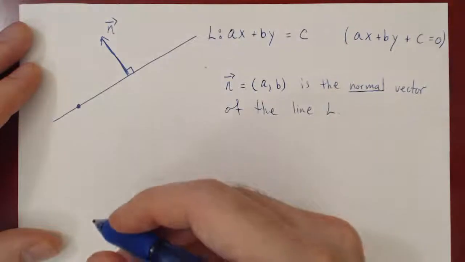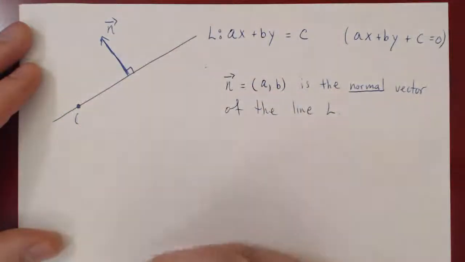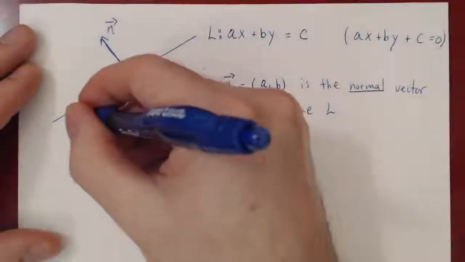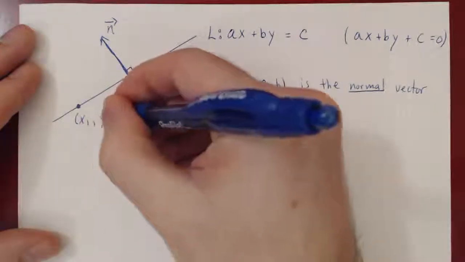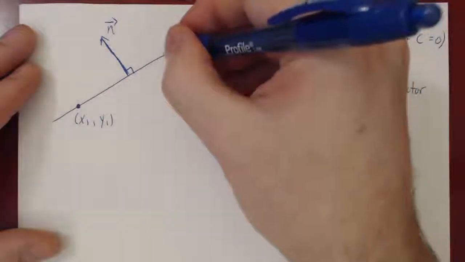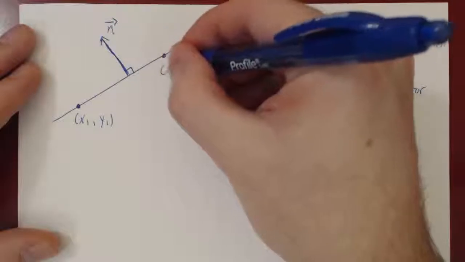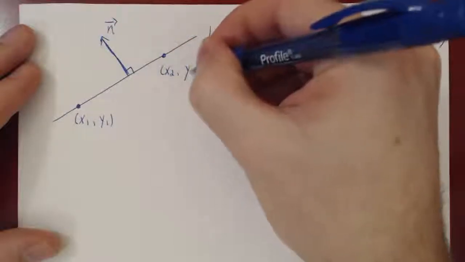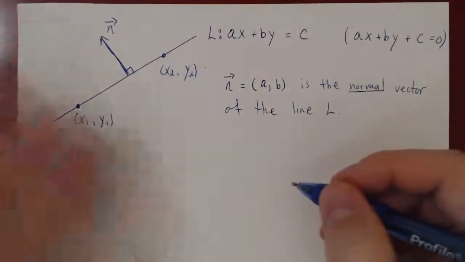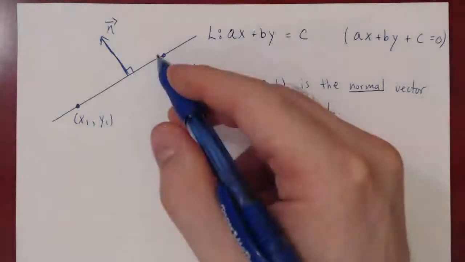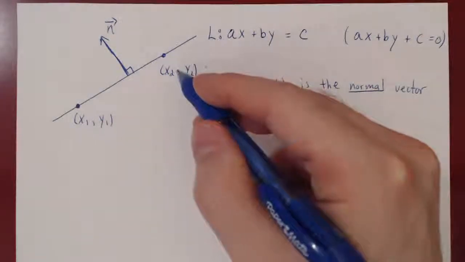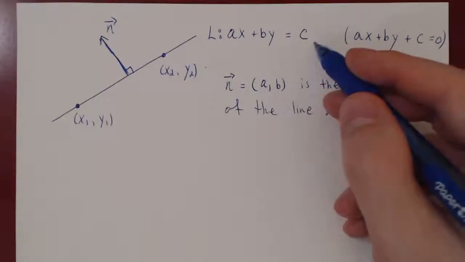Suppose this is point 1, and assume it has coordinates x1, y1. And suppose this is point 2, and it has coordinates x2, y2. Well, a point is on the line if the coordinates of the point are solutions to the equation.